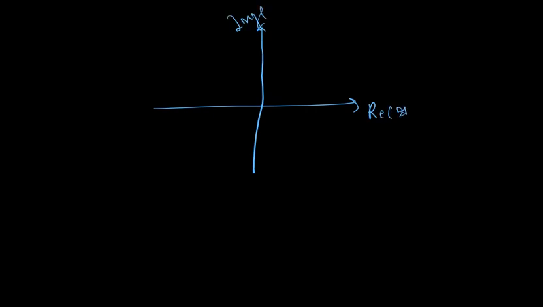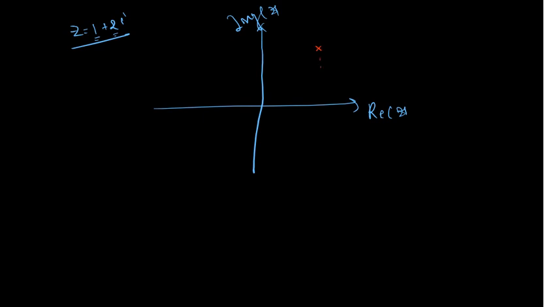If somebody asks you to represent z equals 1 plus 2i, you see my real part is 1, imaginary part is 2, both are greater than 0, so it will lie in the first quadrant, somewhere here.